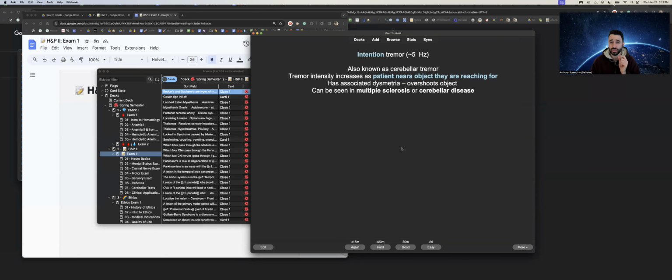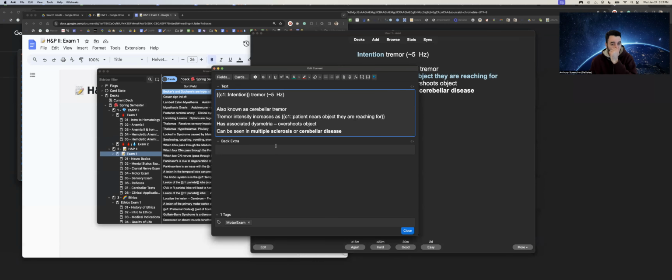All right, so this is called an intention tremor. It increases as patients near the object they are searching for. So that's the intention. My intention is to grab it, but I can't, and I'm trying to get it with all 5 of my fingers. So 5 hertz, this is my intention. As I get closer, my 5 fingers start to shake. So that's how I'll remember that.